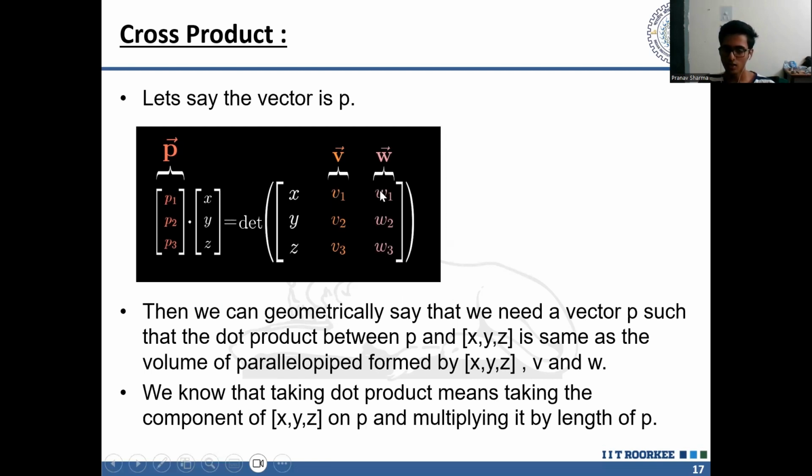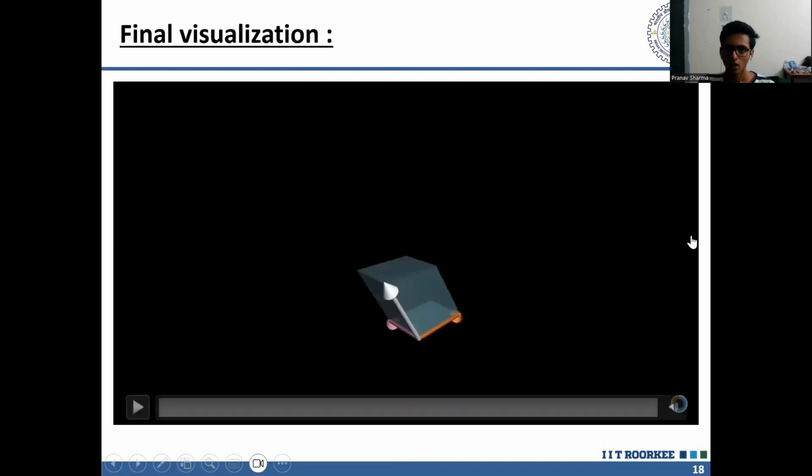So this function is in a way finding the volume of these three vectors, where x, y, z is a variable, and we need to choose this vector p such that the dot product between p and x, y, z gives the same result as the volume formed by x, y, z, v and w. Now we also know that taking dot product means taking the component of x, y, z on p and multiplying it by the length of p, as we saw in previous slides.